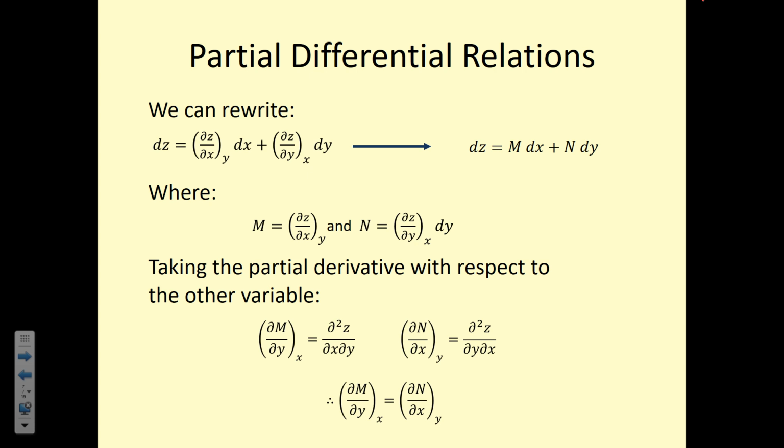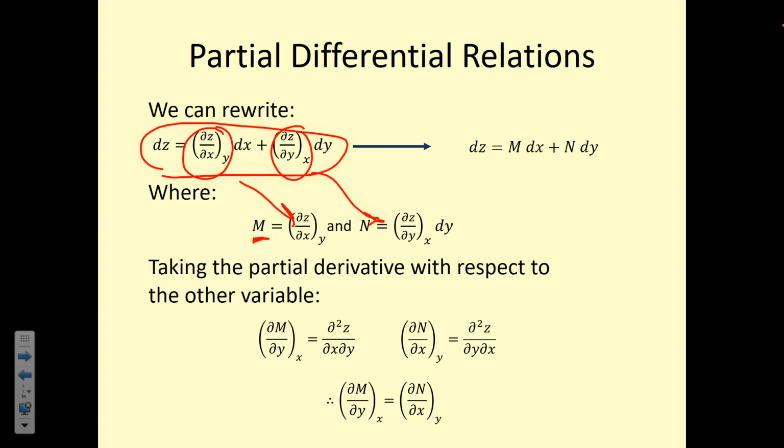Okay, so this partial differential form ends up being quite useful to us to derive other property relations. And so we're going to go through that, but this is kind of where it comes from. If we take this equation, again, that's just the basic form for the partial differential equation of a function dependent on 2 variables, we can say that this is m and this is n, just for simplification.